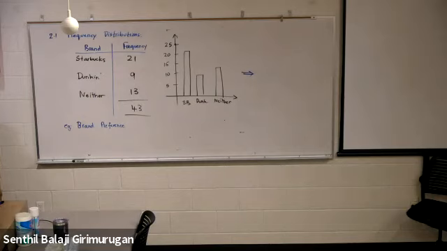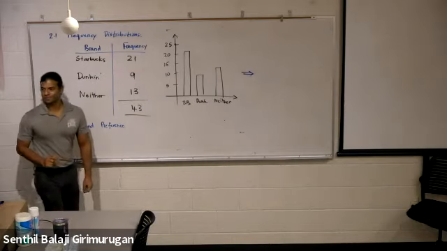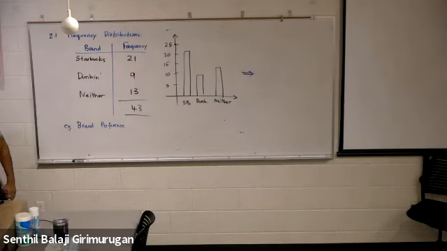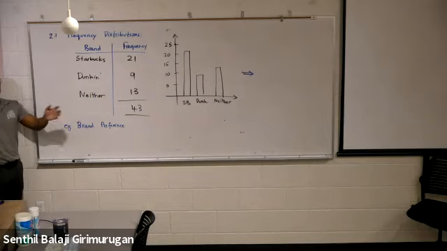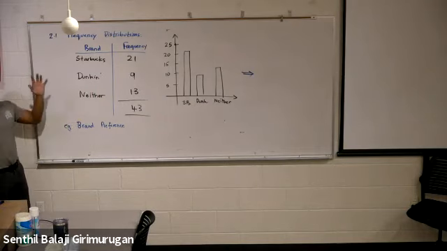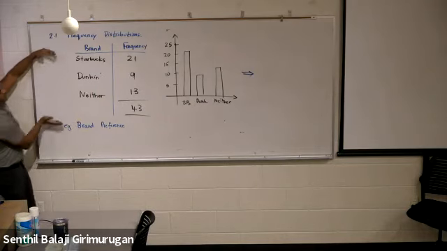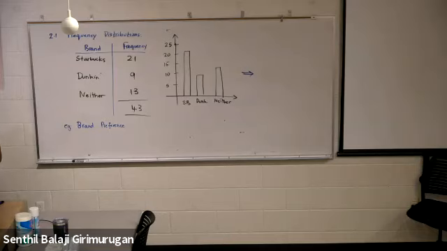Any thoughts? Scatter plot? No, not a plot. I'll repeat the question. We have numbers, maybe continuous, maybe discrete, doesn't matter. Whole bunch of numbers. But I want to take all those numbers and I want to create a frequency distribution. What comes to your mind?